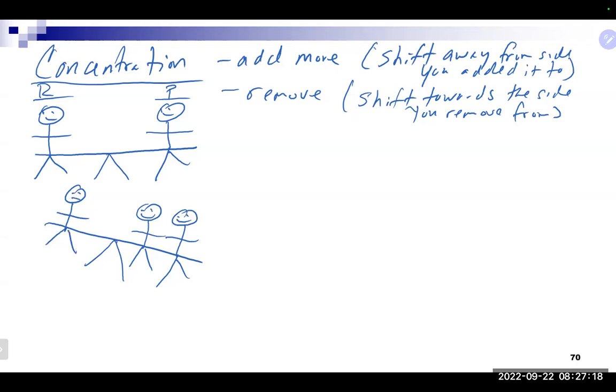Now to fix this, if this was really our equilibrium position number one, we would need to put more people on the left-hand side. So we add it to the right, it shifts away from the side that we added it to. We would need to put more people on the left-hand side to once again return to equilibrium here.